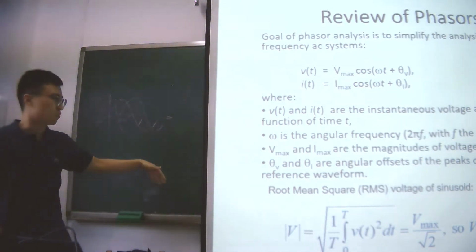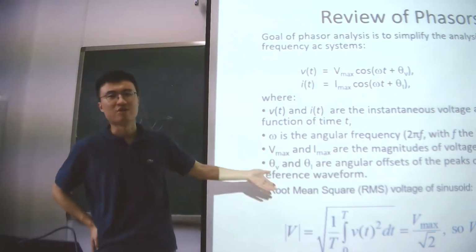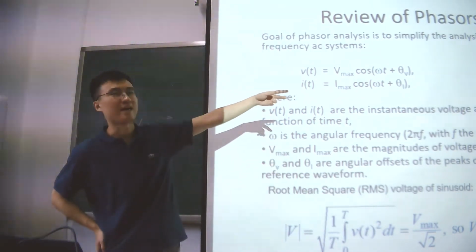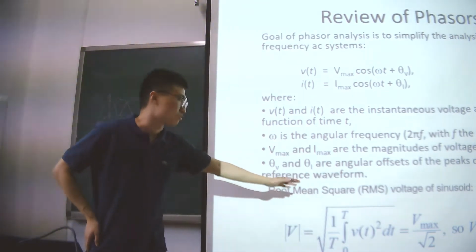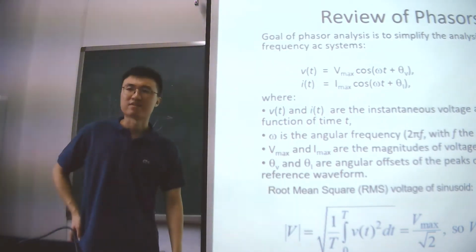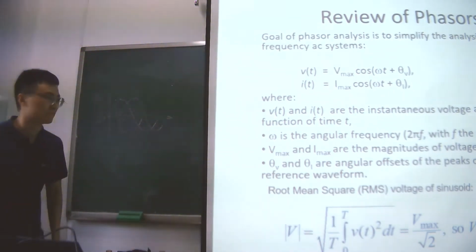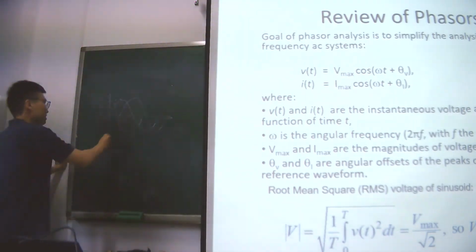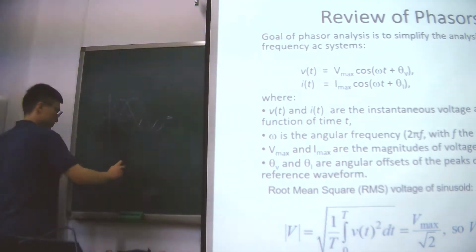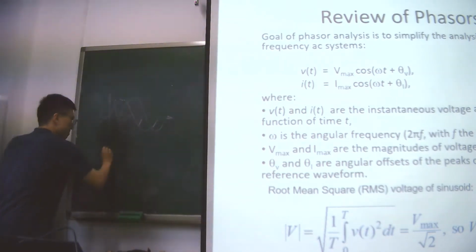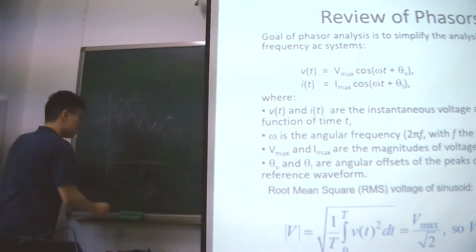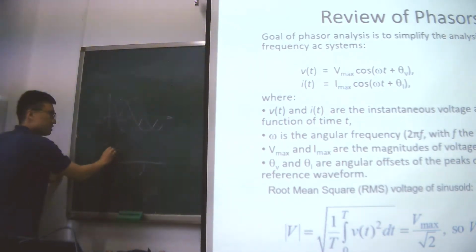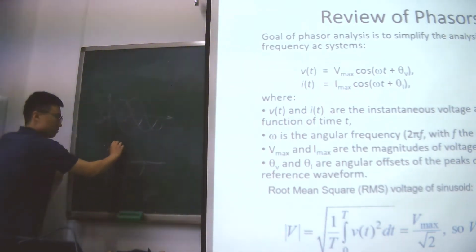Why do we not just divide it by 2? Because the root mean square is the effective value of this waveform. So we make it like this, right?